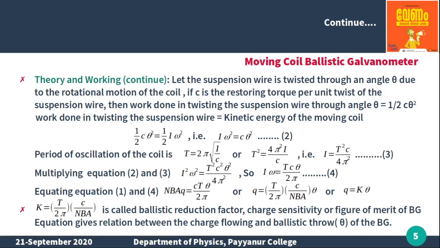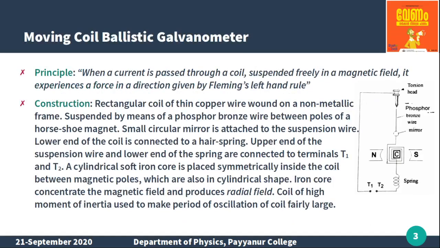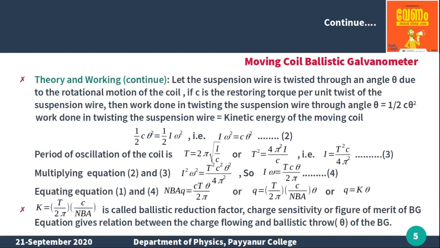Now we will proceed. Since this coil is moving, the suspension wire will get twisted, or the spring will also get twisted, because the coil will start rotating. As the coil rotates, the suspension wire will also get twisted, and we are thinking that this suspension wire is twisted through an angle theta due to the rotational motion of the coil.